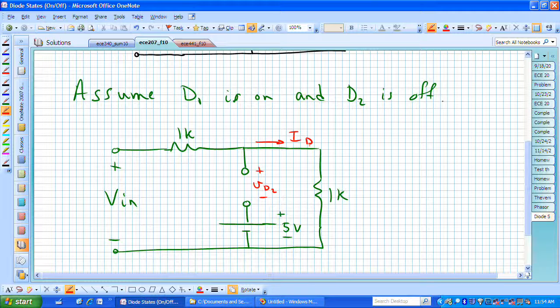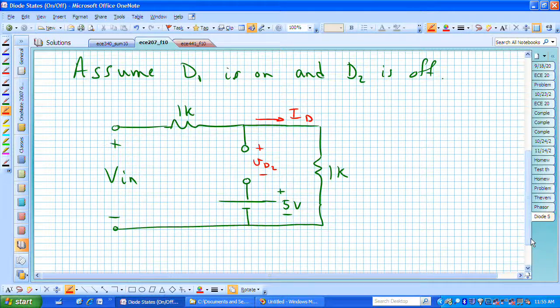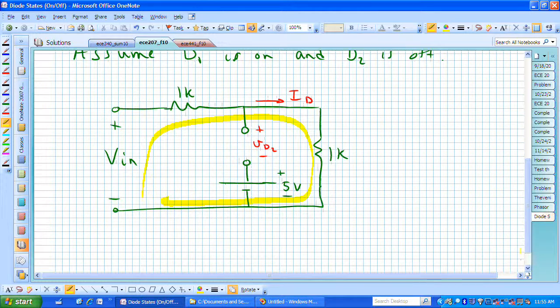Under what conditions on Vn will that be true? Let's look at a couple of different analysis points. We can now find I sub D by simply writing a KVL equation around that outer loop. Let's do that. We now have a KVL around the outer loop.